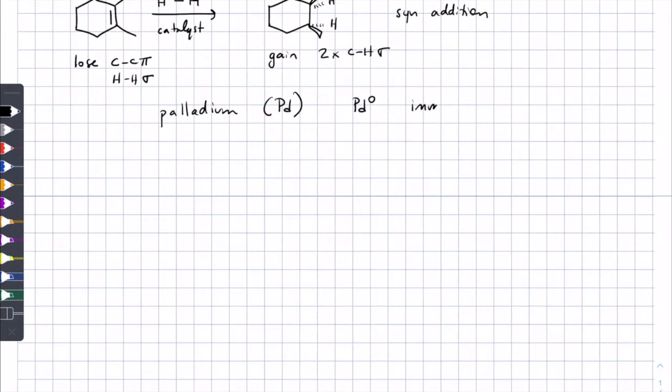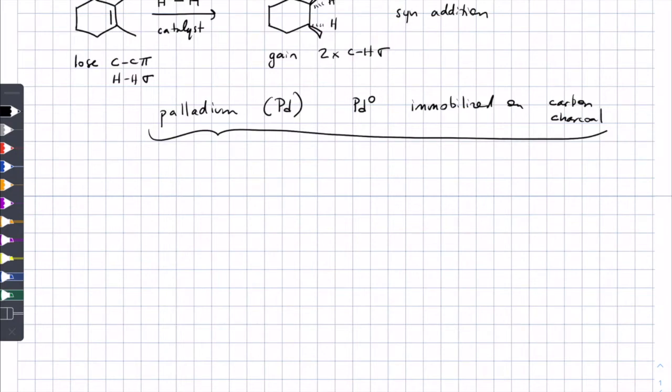And we're also going to use it immobilized on carbon, or actually charcoal. And we'll abbreviate all of that, palladium metal immobilized and mixed in with carbon or charcoal, as Pd/C, palladium on carbon. All right, and you can buy different compositions of palladium versus carbon. A common composition is a mixture of about 10% palladium and carbon.